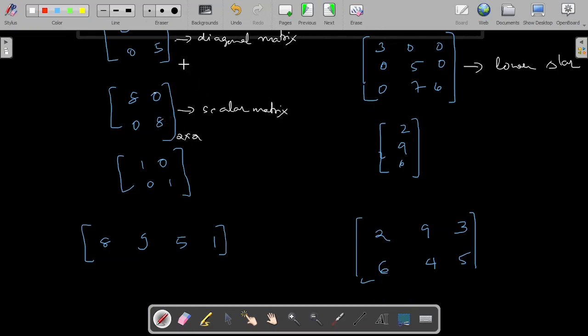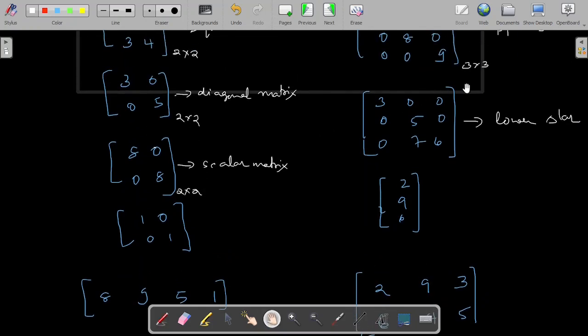Its order is 2 by 2. This is also of order 2 by 2. And this is of order 3 by 3. Now this matrix is an identity matrix because all diagonal elements are equal to 1, and its order is 2. This is a column matrix because there is only one column and 3 rows.